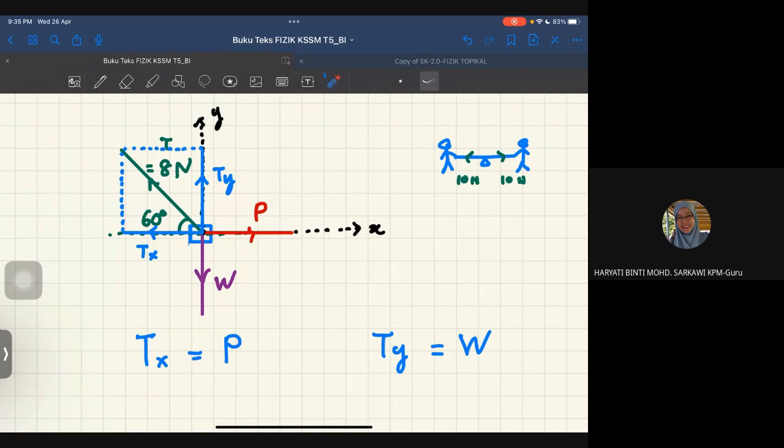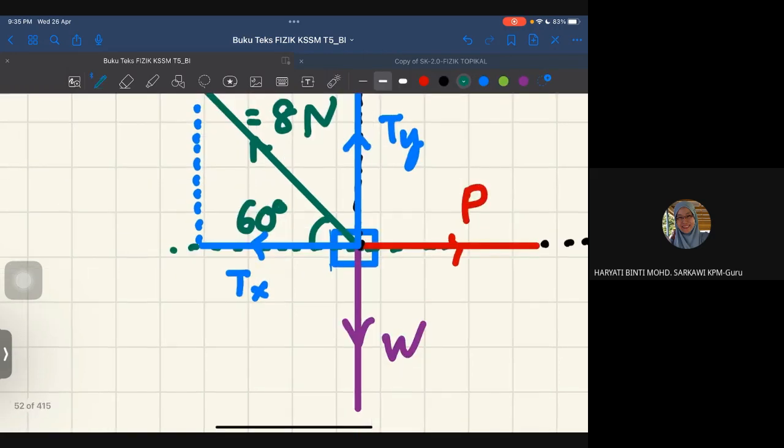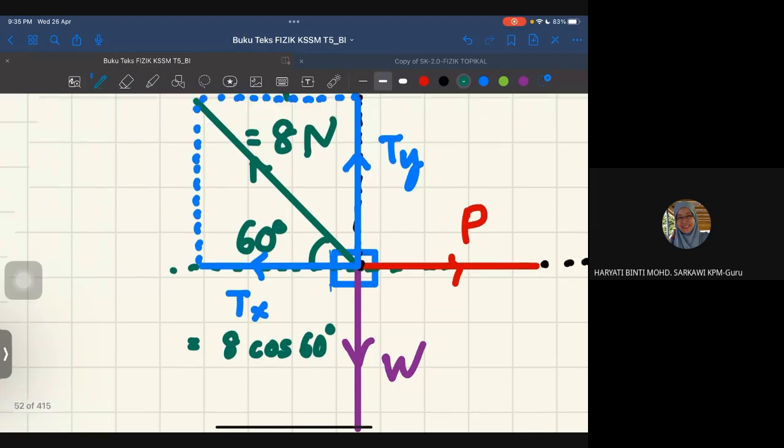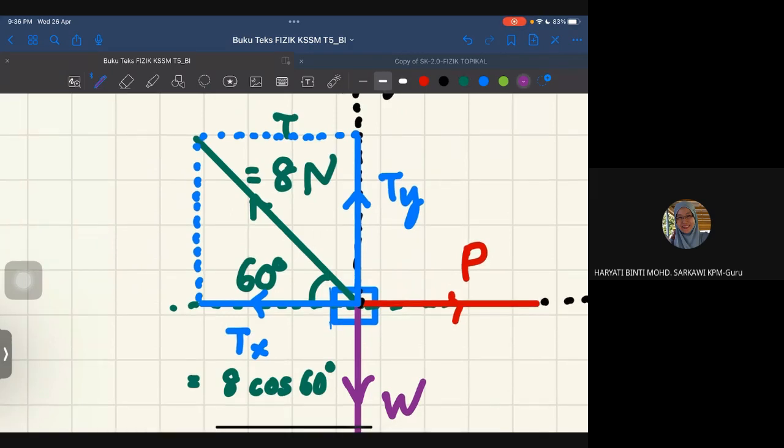Now, what is Ty? This one is from chapter 1.2, resolution of forces. So you know that the angle they give now is 60 degrees, right? We use this angle, Tx is adjacent, so Tx equals 8 cos 60, remember? And then Ty, this is also Ty, same thing.